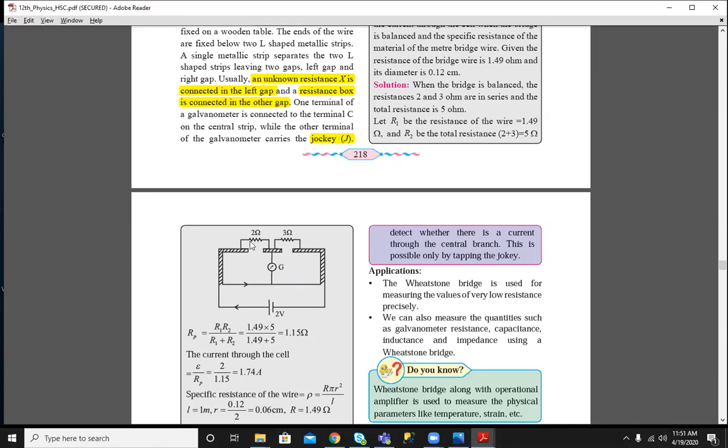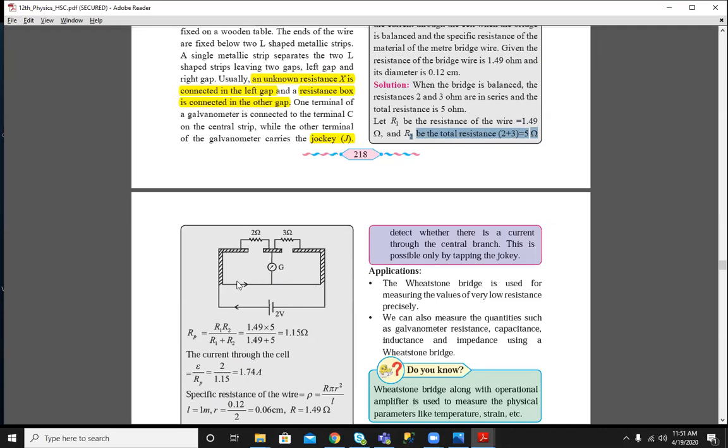These two resistances, 2 plus 3, are in series, and in series resistances get added. So R1 is the resistance of the wire, 1.49, and R2 is the total resistance of these, 2 plus 3, which is 5. This 5 ohm resistance is in parallel with the resistance of the wire. As the bridge is balanced, there is no current across the galvanometer, so no need to show this part.